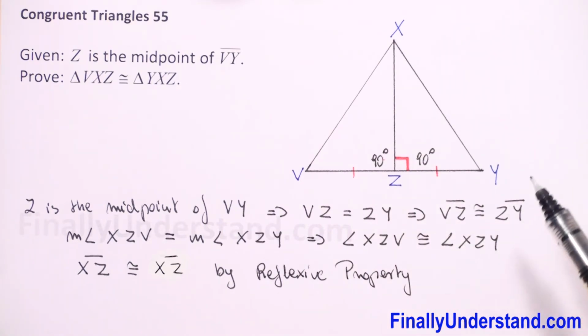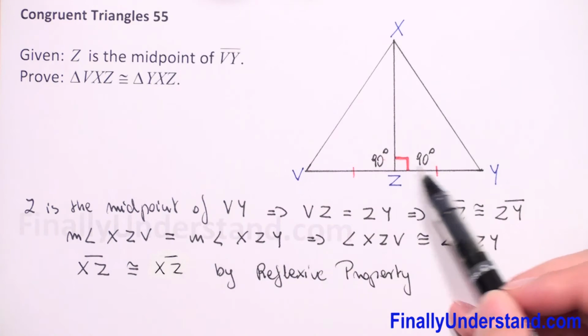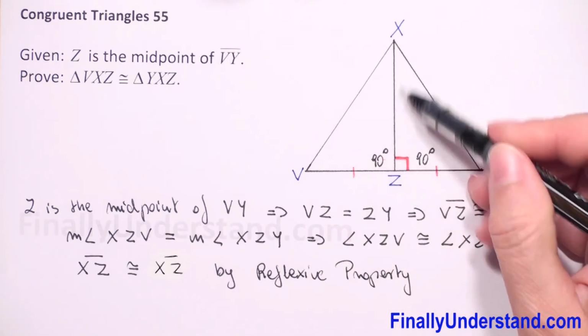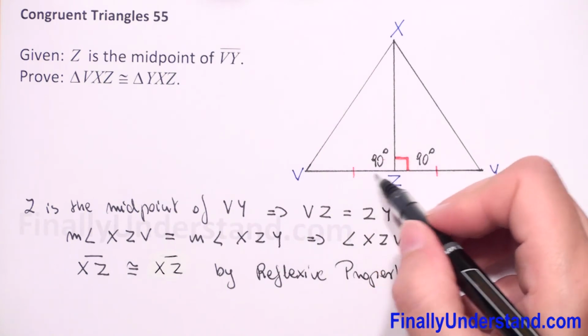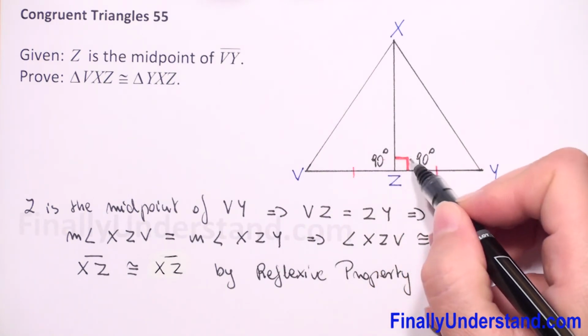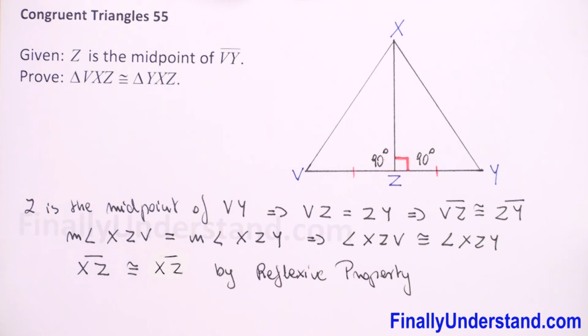So we have this side congruent, that side is congruent to itself, and angles between these two sides are congruent. So we can use now side angle side congruence postulate.